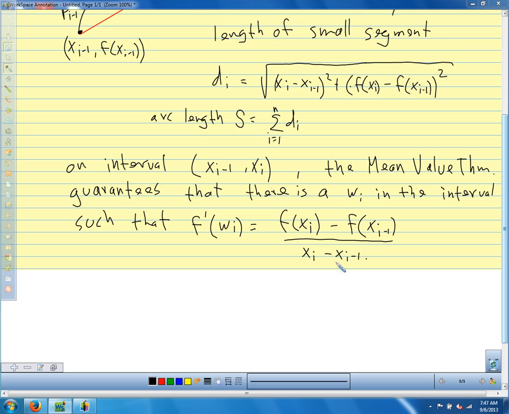So I get that f of x sub i minus f of x sub i minus 1 equals f prime at some point times this change in the x value, x sub i minus x sub i minus 1. So let's call this delta x sub i.